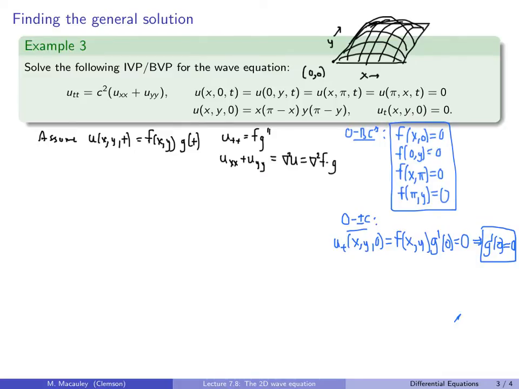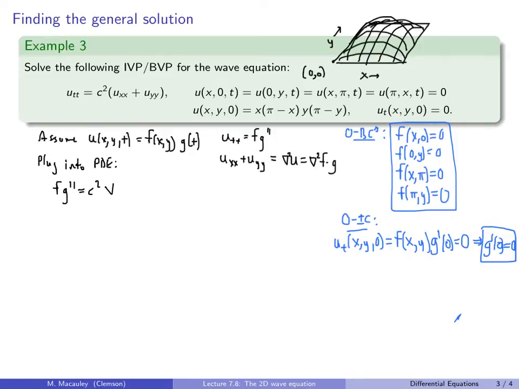Okay, now let's plug this thing back into our PDE. So u_tt is F G double prime equals c squared times the Laplacian of u.